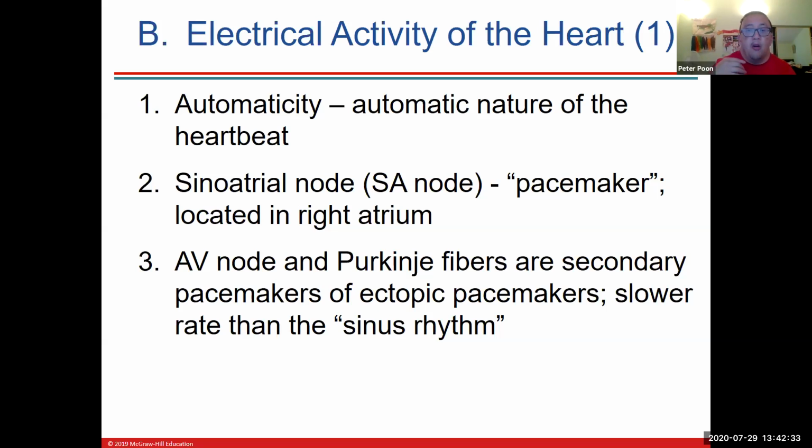The SA node generates something called sinus rhythm. The AV node and Purkinje fibers are secondary, or ectopic, pacemakers. They beat at a slower rate than sinus rhythm. But we usually don't allow that. Usually the AV node listens to the SA node, the pacemaker of the heart.